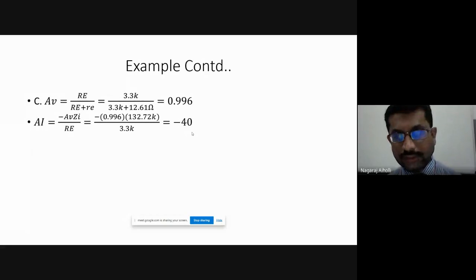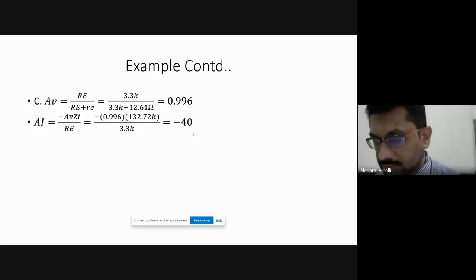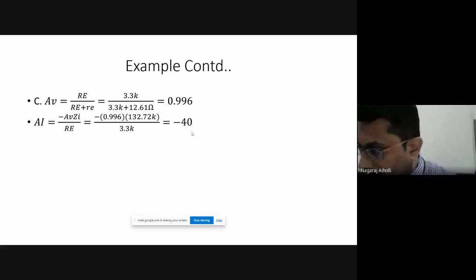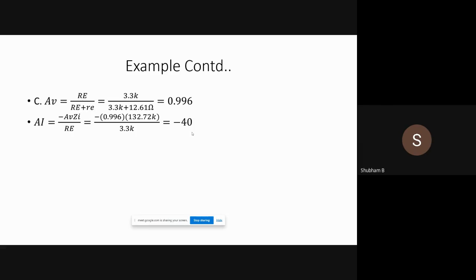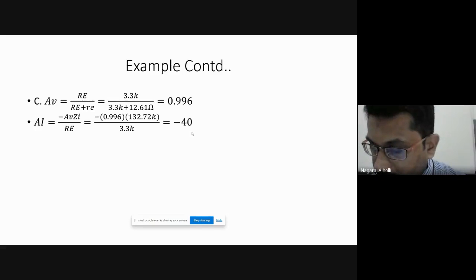Any doubts here, students? Any questions? Prathamesh Patil? Shubham, any questions? No, sir. Understood here, Shubham? Yes, sir. Any problem in understanding? No, sir.